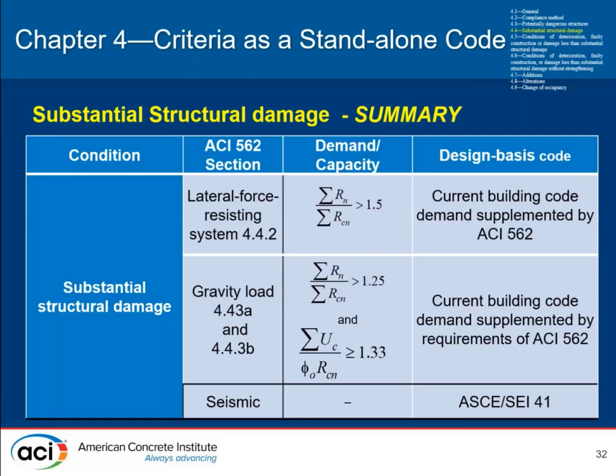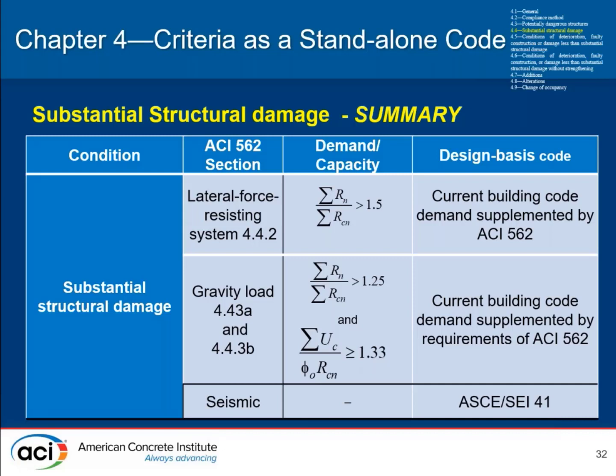So again, this table summarizes the definitions of substantial structural damage for lateral force resisting systems and for gravity load resisting systems, and the documents used as the design basis codes. If it's a lateral force resisting system subjected to wind and you have substantial structural damage, then you're using the current building code demand supplemented by ACI 562 as the design basis code.